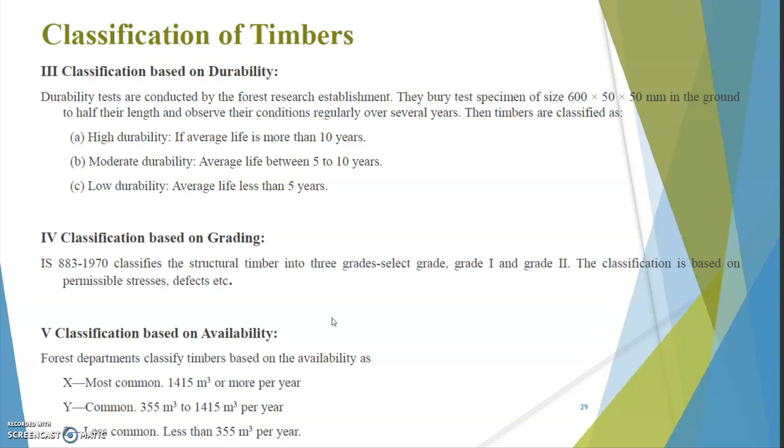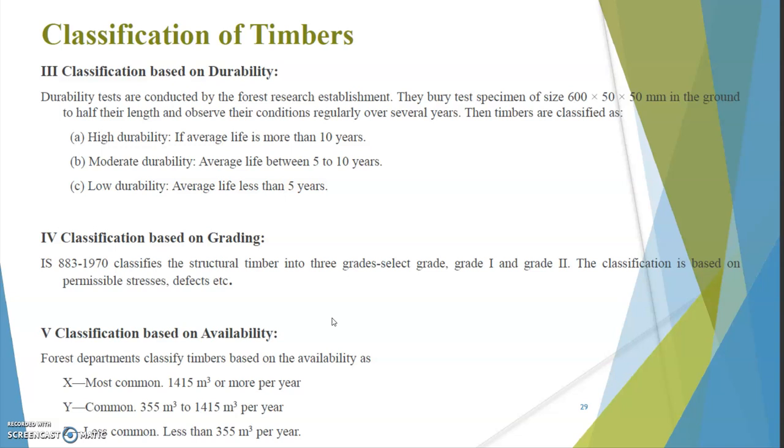Availability in the sense that trees only give timber, and not all trees are available throughout the year. That is the fact here. Based on the availability of trees in a given year, we classify the derived timbers as well.